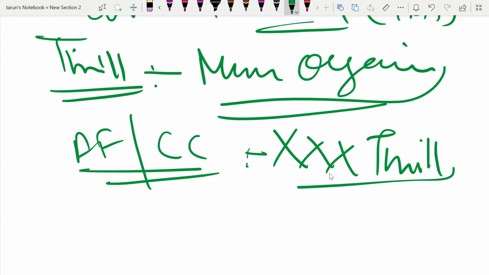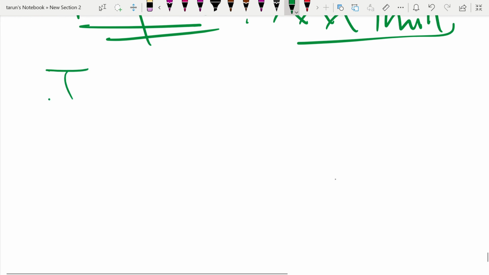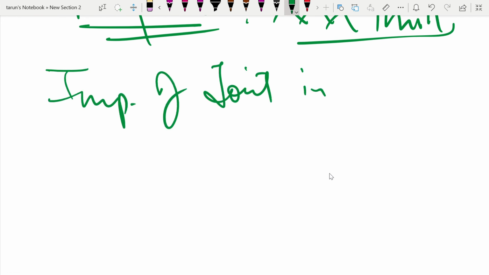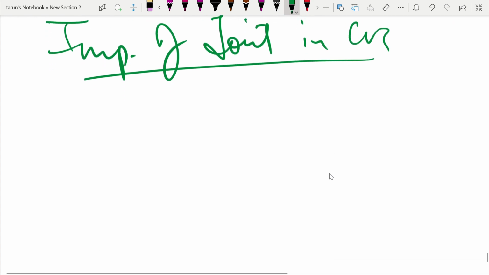Then, the importance of joint involvement in the cardiovascular system. Acute rheumatic arthritis, rheumatoid arthritis, and ankylosing spondylitis may be associated with aortic regurgitation or mitral regurgitation.